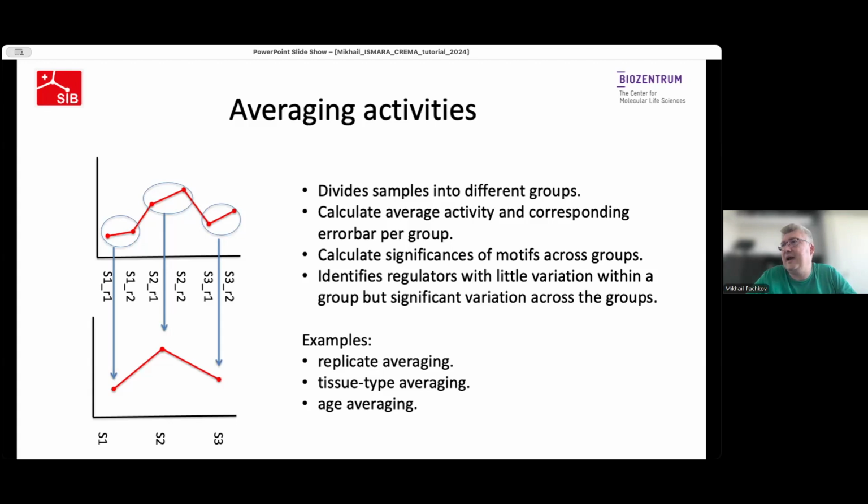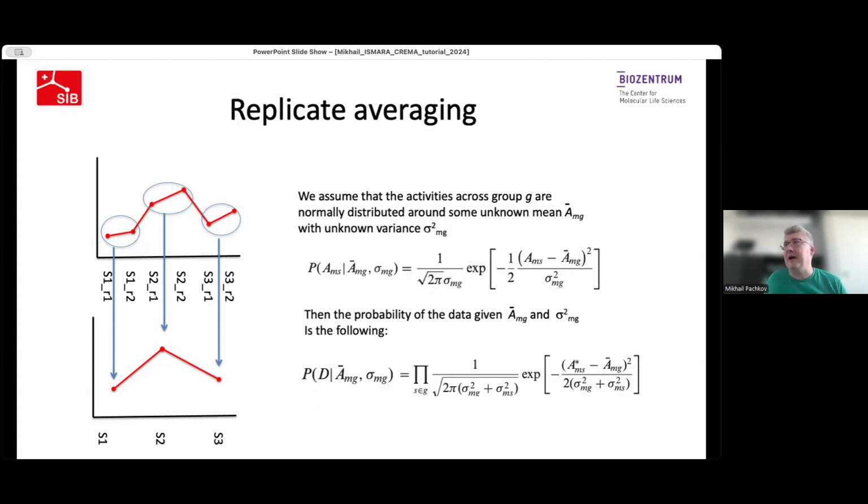In my case, I will show results for averaging between cancer and non-cancer tissues. For one data set, it was also possible to do averaging by age, because the subjects of the study were of different ages, so you can make such an analysis too.